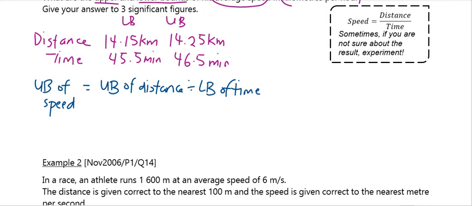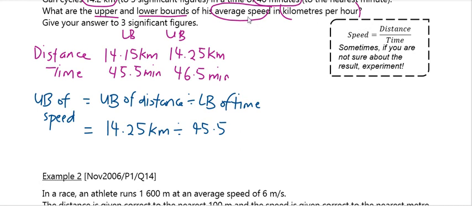The upper bound of speed is the upper bound of distance, which is 14.25 kilometers, divided by the lower bound of time, which is 45.5 minutes. But here, your answer for the speed will be in kilometers per hour. So you have to convert the time to hours by dividing the 45.5 by 60.